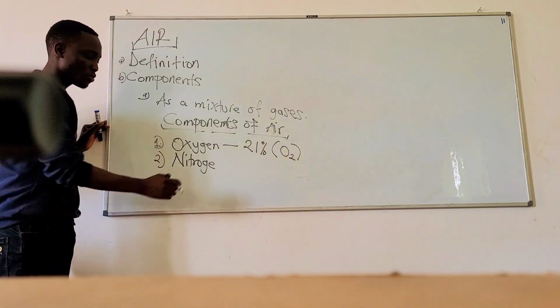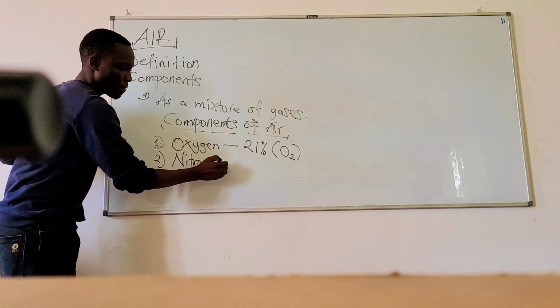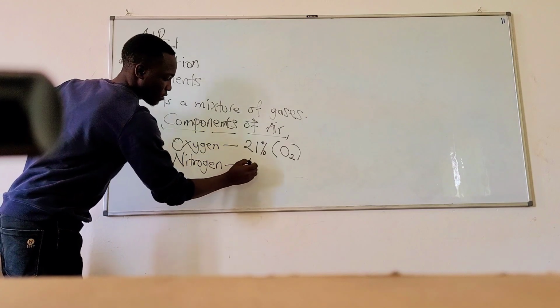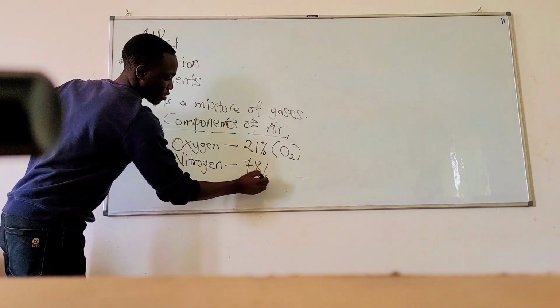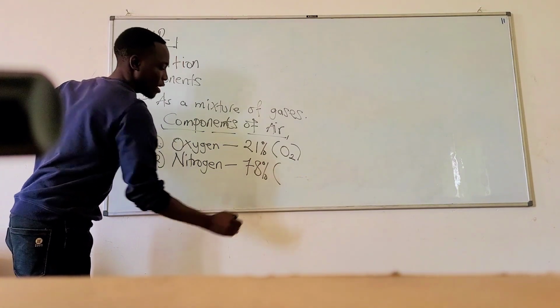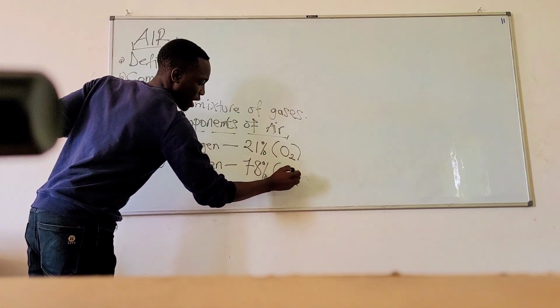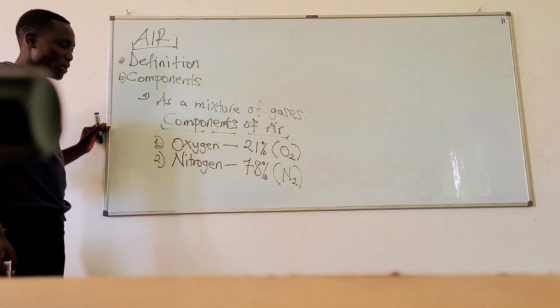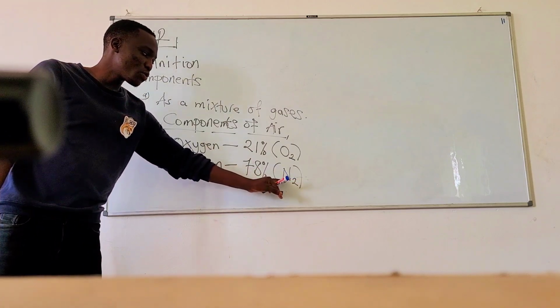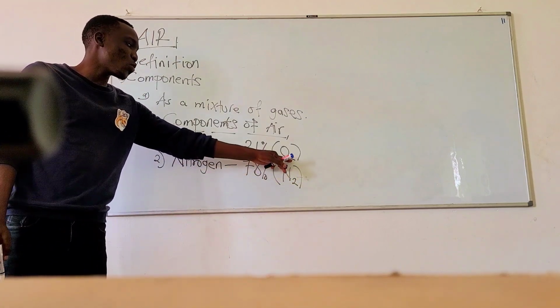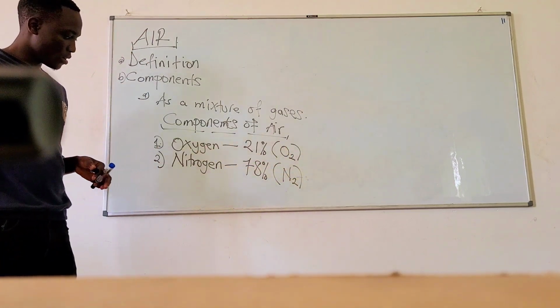Then nitrogen, as a component of air, takes around 78% of the total air. The formula for nitrogen is N2, meaning it's made up of 2 atoms of nitrogen. The oxygen one is made up of 2 atoms of oxygen.